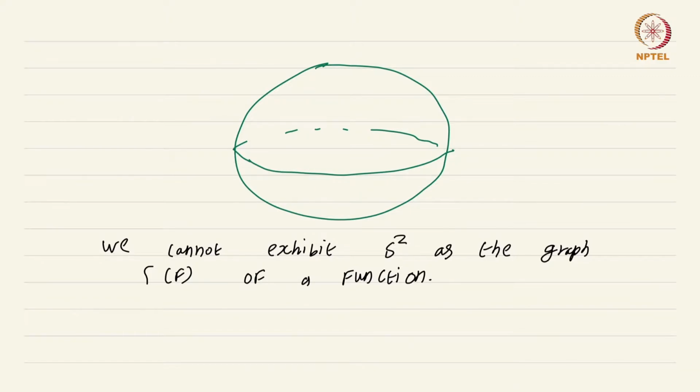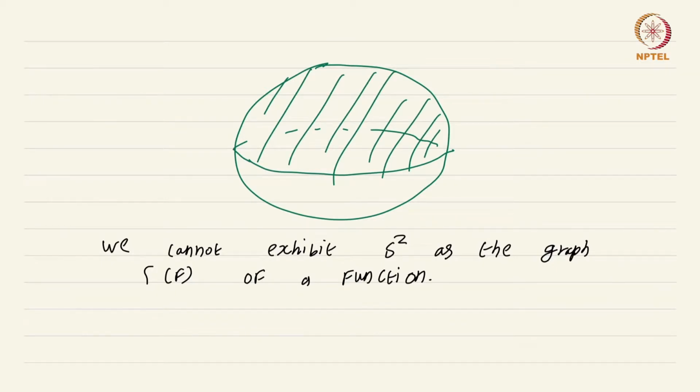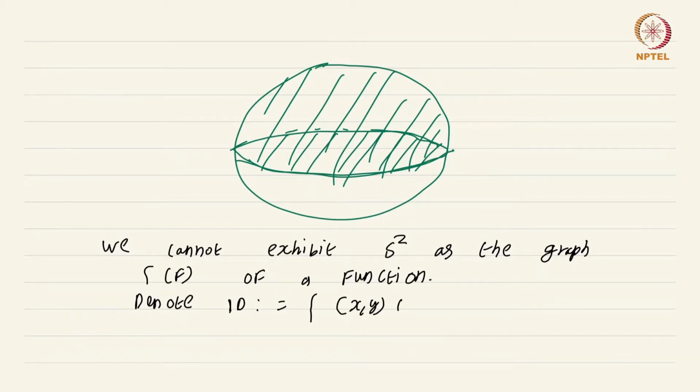However, pieces of S^2 you can write down as a graph. How does one do that? Well, observe that this upper hemisphere can easily be written down as the graph of a function which is defined on this open set in R^2, this bit, which is essentially the unit disk. Denote D to be the set of (x, y) in R^2 such that x squared plus y squared is less than 1.